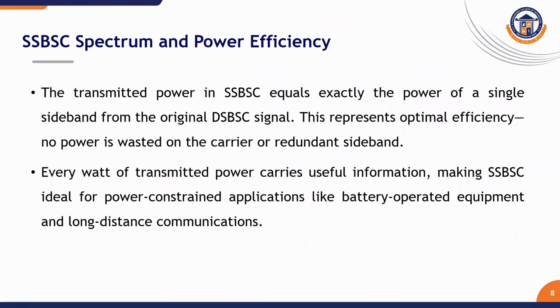This reduces the bandwidth requirement to half that of the DSB-SC signal. Since no power is wasted on the carrier or a redundant sideband, all the transmitted power contributes directly to information transmission. This makes SSB-SC more suitable for long distance and power limited communication systems.